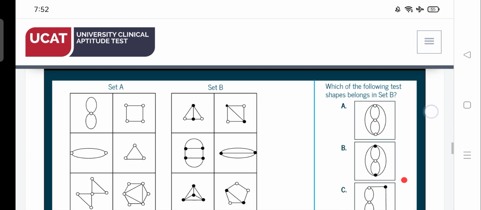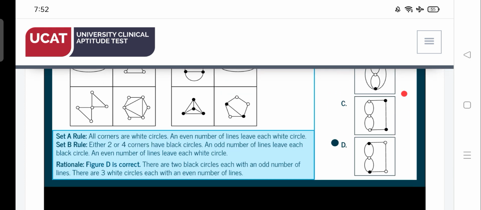So here we can see the set A rule: all corners are white circles, an even number of lines leave each white circle. Set B rule: either 2 or 4 corners have black circles, an odd number of lines leave each black circle, and an even number of lines leave each white circle.